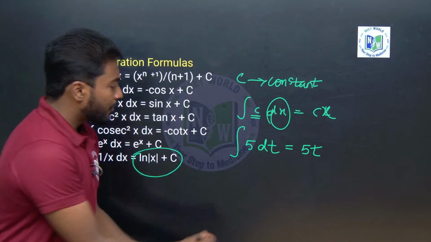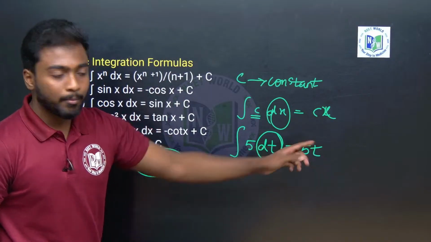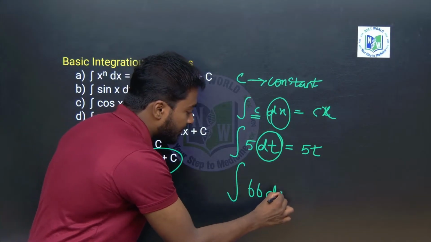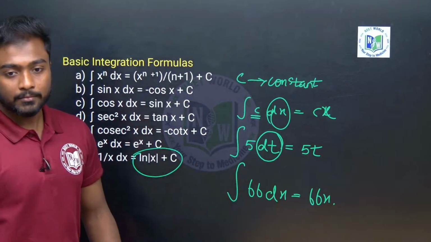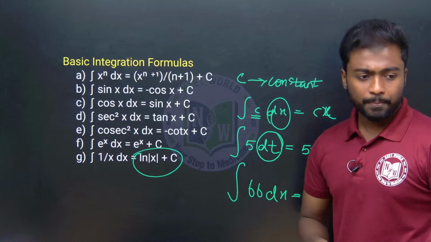Whatever variable you are taking, you add that variable. For example, the integral of 66 dx, I will get 66x. Okay, this was the constant thing.